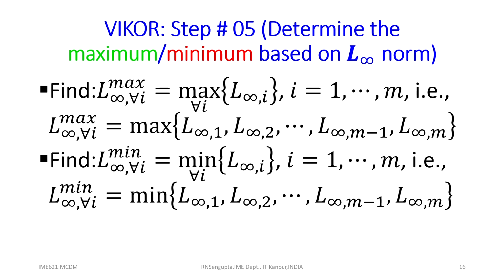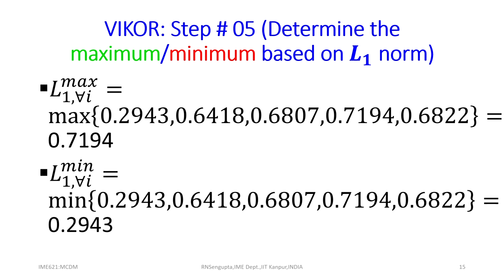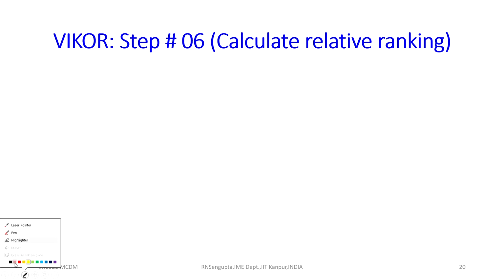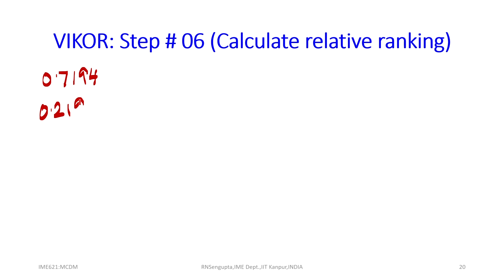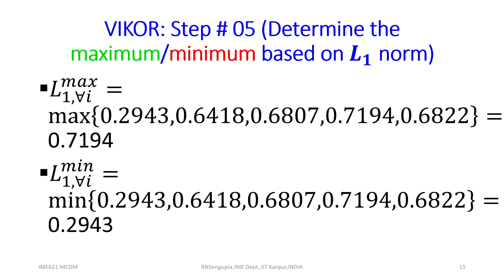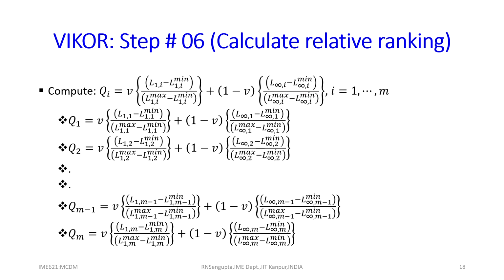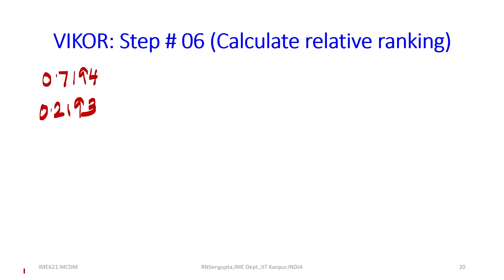So, if I have the distances, the distances for the L infinity, L 1 was given, L 1 max and L 1 mean, which is 0.7194, 0.2943.